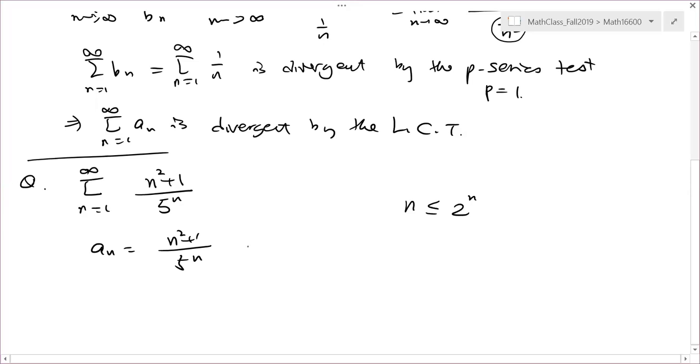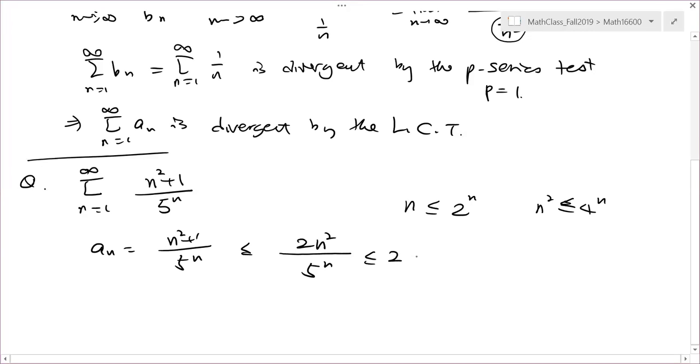What I can do is freely enlarge this. First, 1 is less than n squared, obviously. And then how about n squared? Since n is less than or equal to 2 to the n, n squared is less than or equal to 4 to the n. 4 is still smaller than 5.